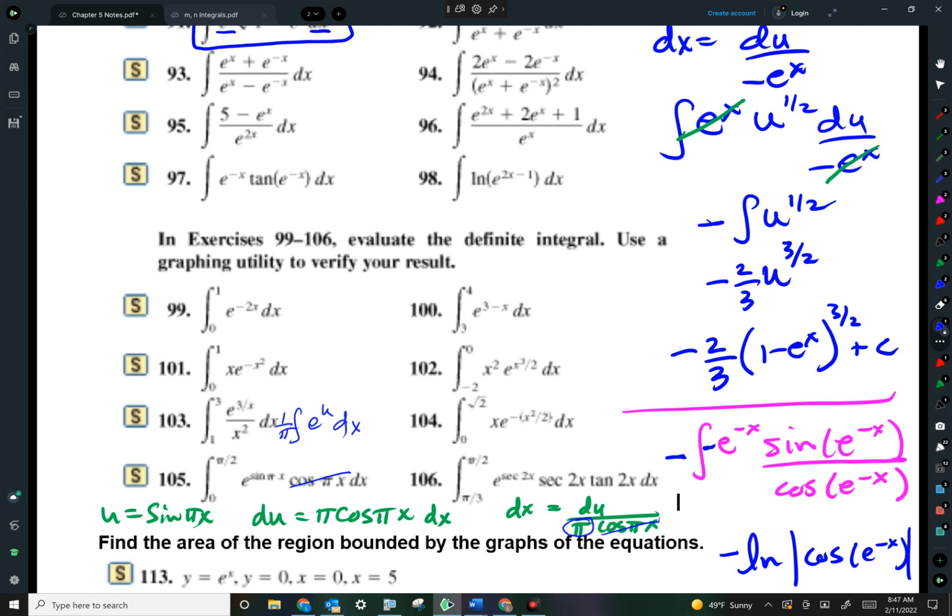And so now when I integrate e to the u, what do I get? Don't speak all at once, e to the u, right? 1. And then I still have the 1 over pi, and I evaluate it from 0 to 1, and so I end up with 1 over pi e to the first minus 1 over pi e to the 0, which is 1, and so there's my answer.